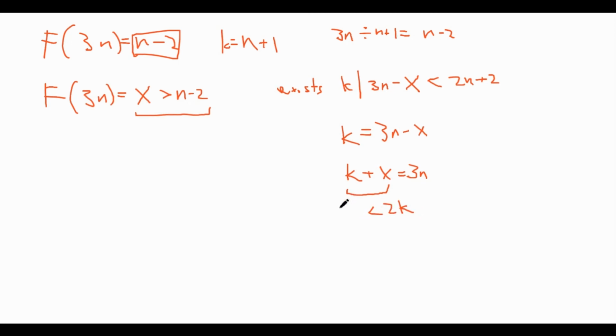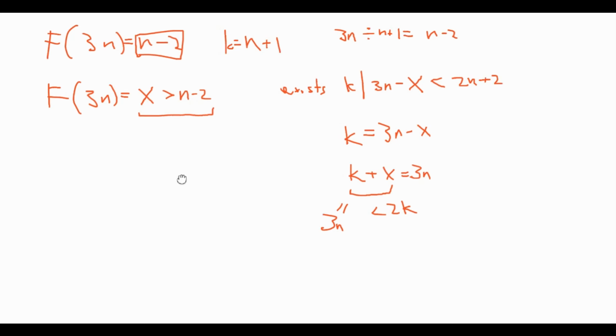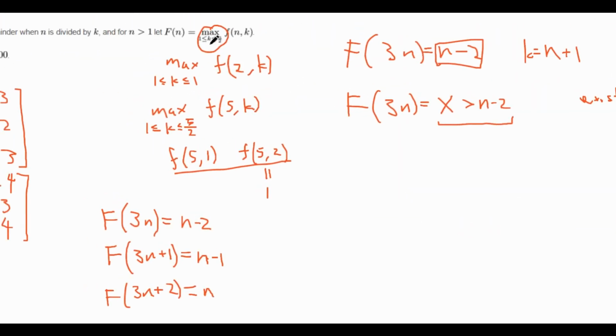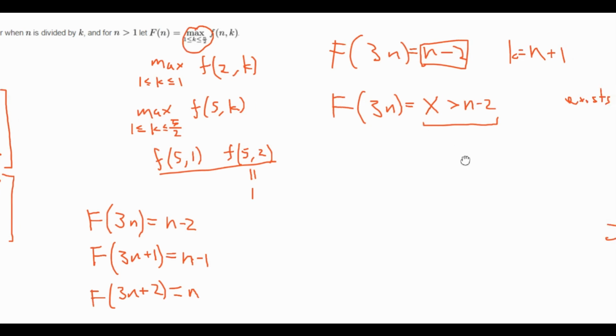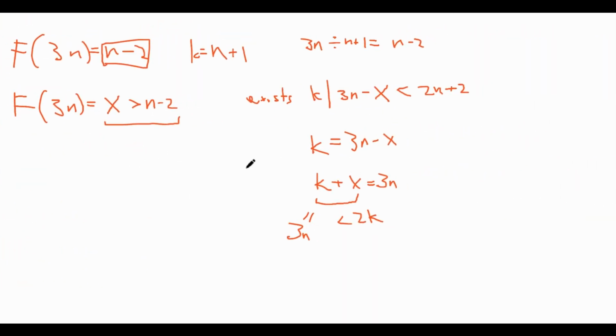But it's equal to 3n. So it follows that 3n is less than 2k, which means that k is greater than 3n over 2, which is not possible, as in our definition here, we know that k is less than or equal to what we plug in for n here, which is 3n over 2, which is obviously not possible. So therefore, this is wrong.